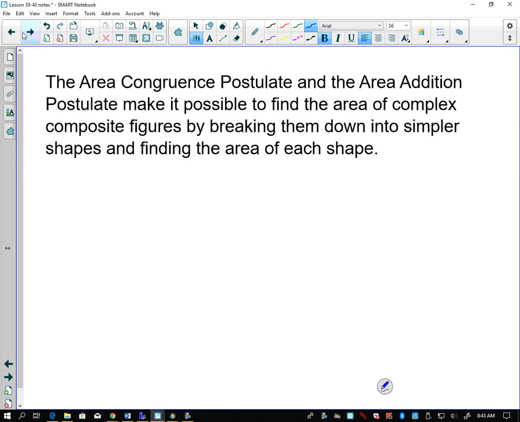All right, the area congruence postulate and the area addition postulate make it possible to find the area of complex composite figures by breaking them down into simpler shapes and finding the area of each of those shapes, because we have somewhat of a limitation on what we have formulas for. We have area formulas for trapezoids, rhombuses, squares, rectangles, circles, semicircles.